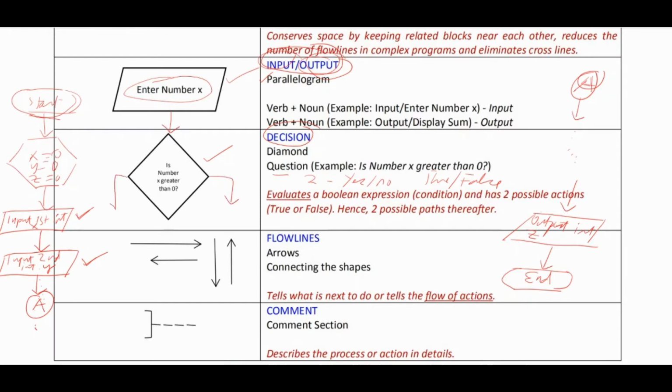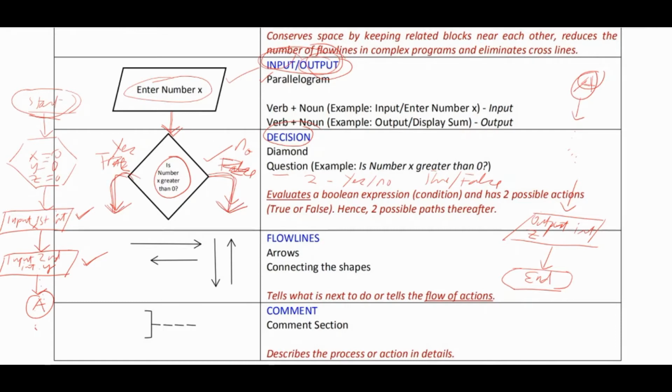So maybe you would say here, this is the way to go when it is true, and this is the way to go when the answer is false. Or you could use the label yes and the label no. So if this question is yes or true, you would go this way. And if this question is false or no, then you would go this way. So again, it has one input flow line and two output flow lines.